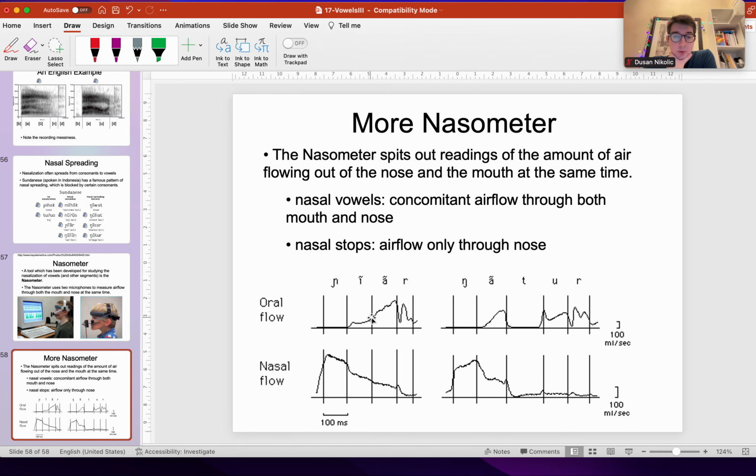With nasal vowels, you can see here that this vowel has a little bit less oral, more nasal flow than this one. Nyang is quite nasalized, and for these here, you can see that nasality rises as the end of the vowel approaches.